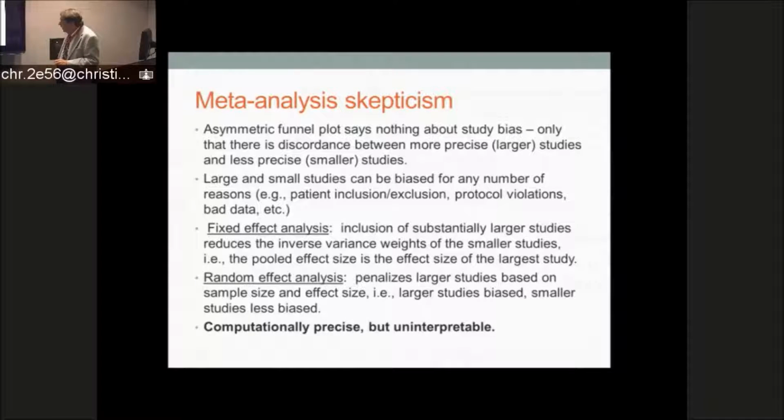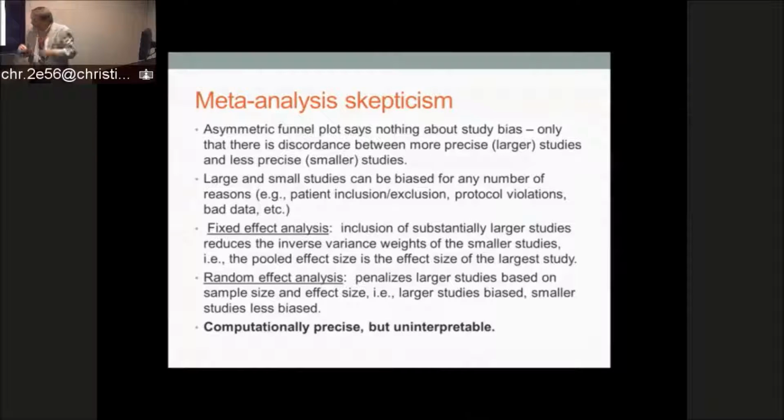So in this case, for a fixed effects analysis, the pooled effect size will end up being the effect size of your largest or larger studies. The smaller ones are irrelevant. When you do a random effects analysis, though, it penalizes the larger studies so that you tend, in a sense, to bias the larger studies to make the smaller studies less biased.